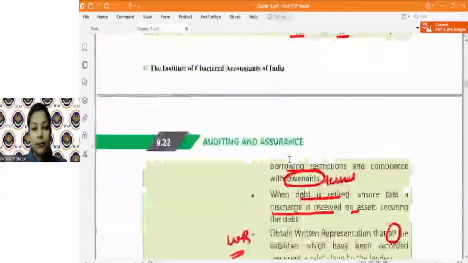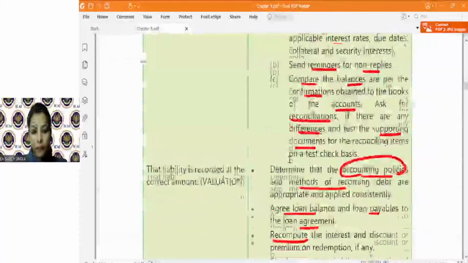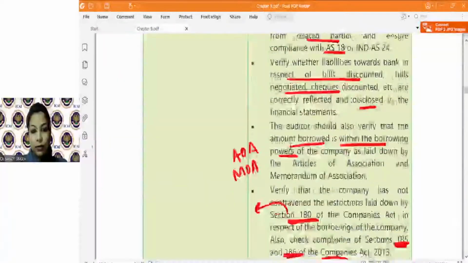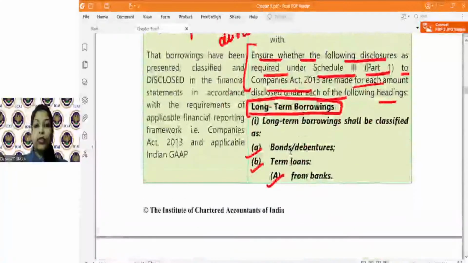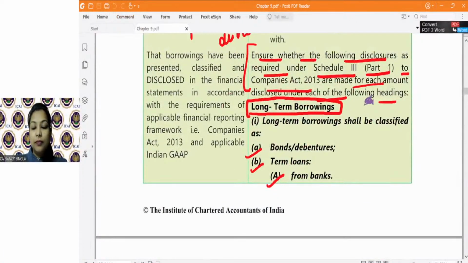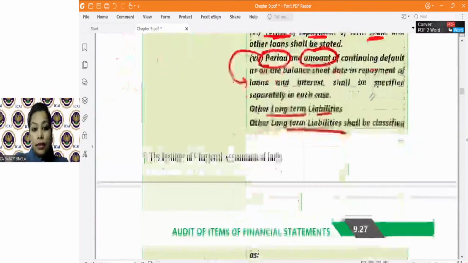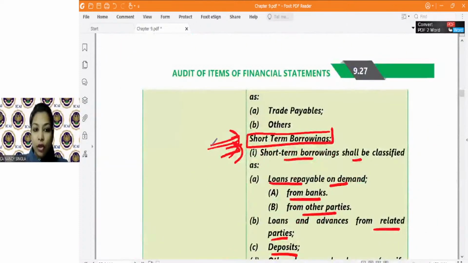Borrowings. So these are what? Long-term borrowings. Then the next heading is short-term borrowings.